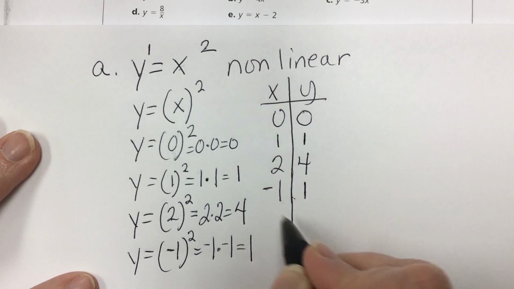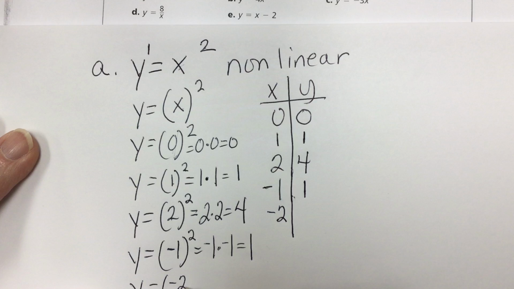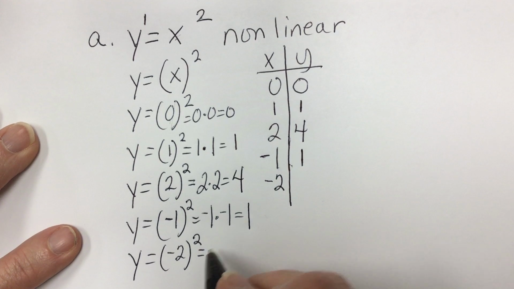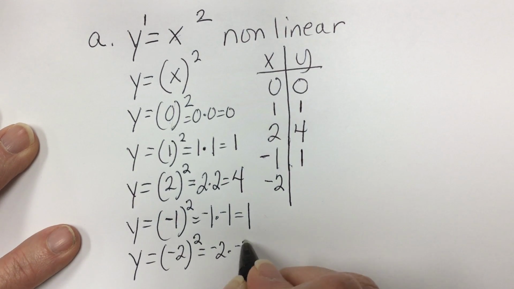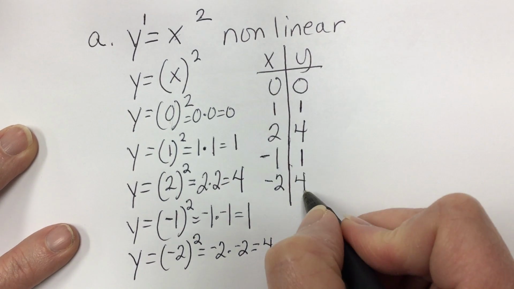I'm also going to plug in negative 2. So y equals negative 2 squared. Squaring both the number and the sign, that would be negative 2 times negative 2, which gives you positive 4. So negative 2, 4.